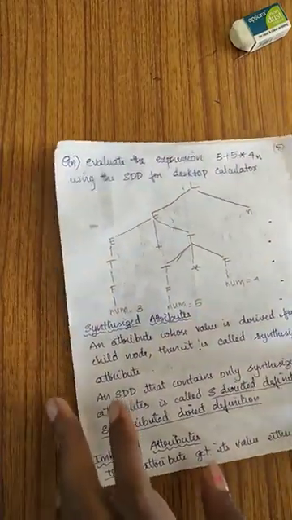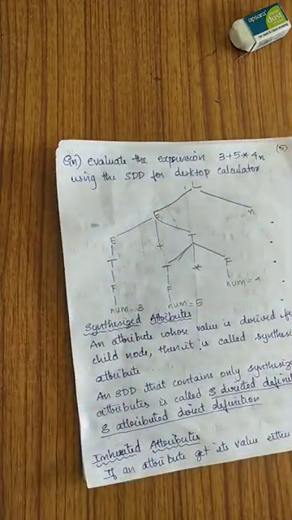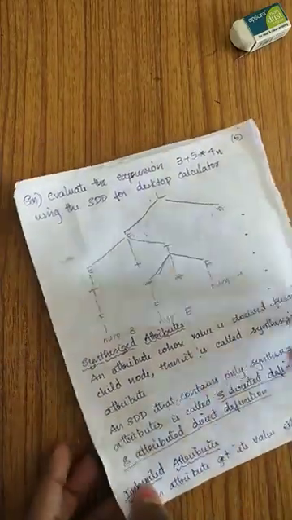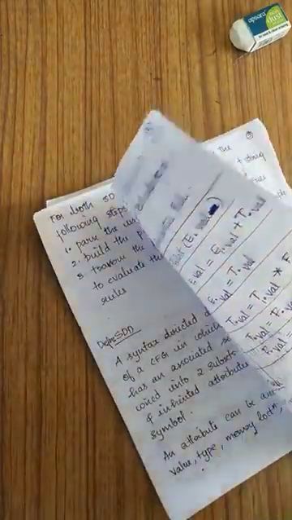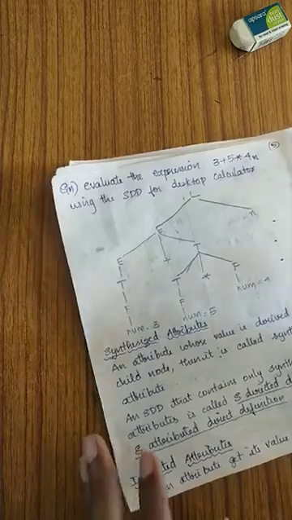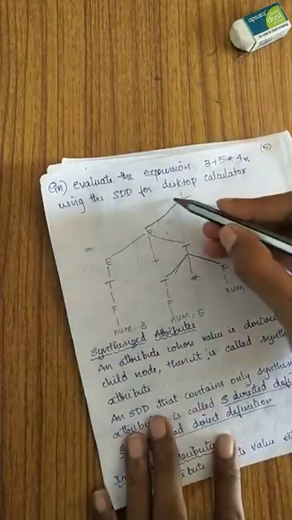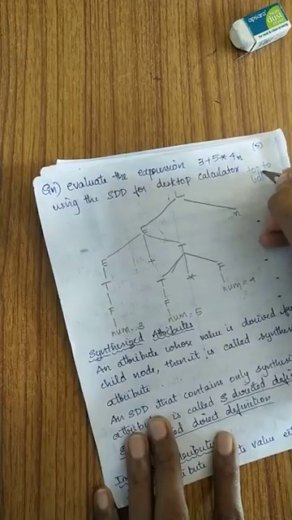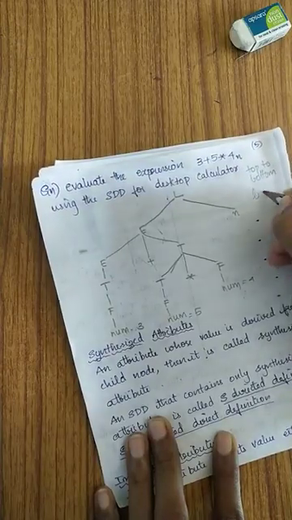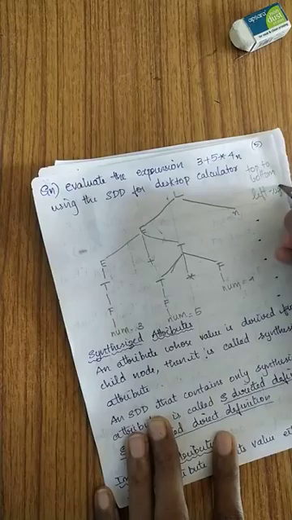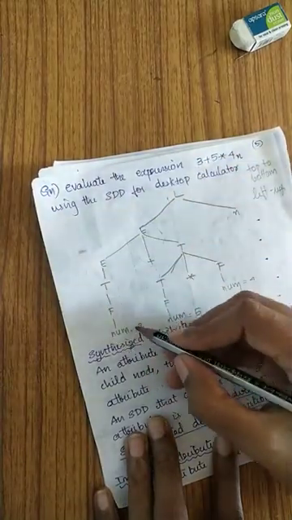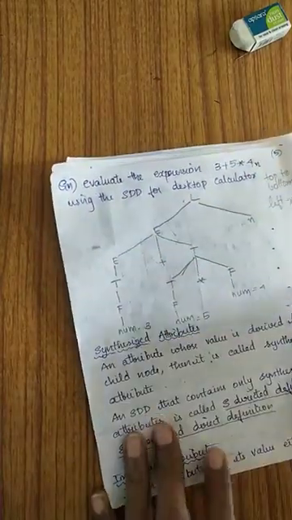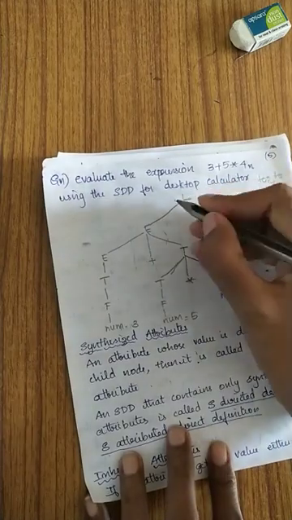Next is how to perform the semantic analysis using these semantic rules. This parse tree is evaluated top to bottom and from left to right. Let's start from the start symbol.